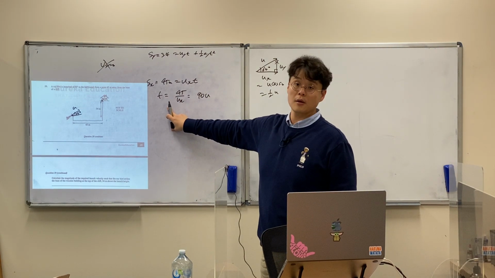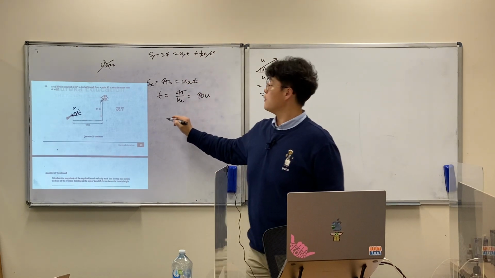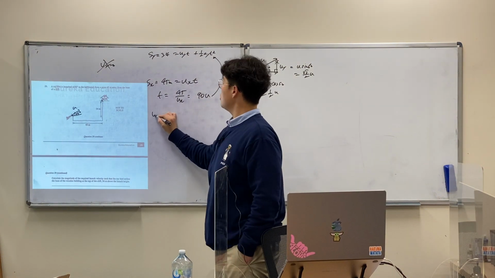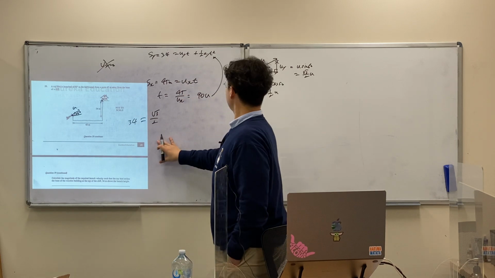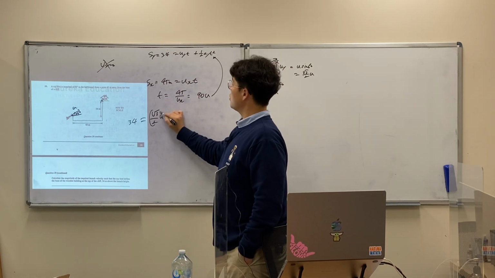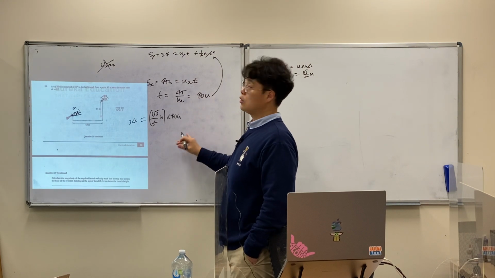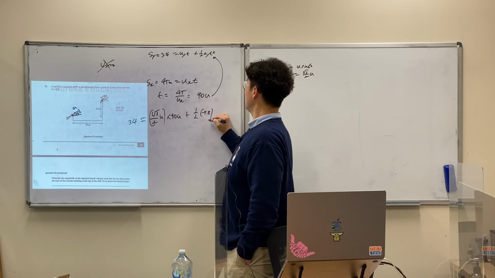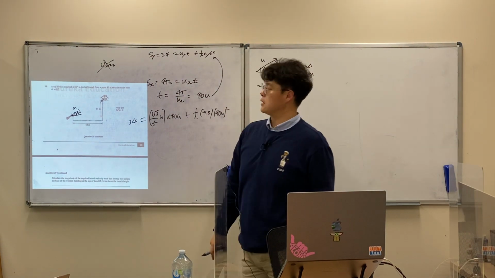Good up to here? Okay. Can I just resubstitute back over here? Then 34, then substitute back into here. Then you get uy, which is root 3 on 2 u. So 34 equals root 3 on 2 u, which is uy, times the t, 90 over u, plus the half ay, which is minus 9.8, times the t squared, which is 90 over u squared, like this.